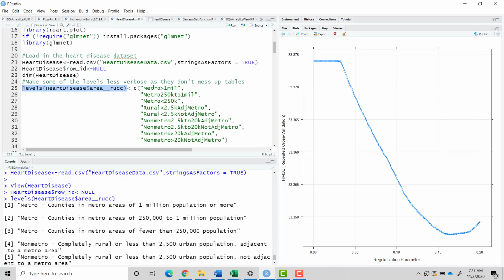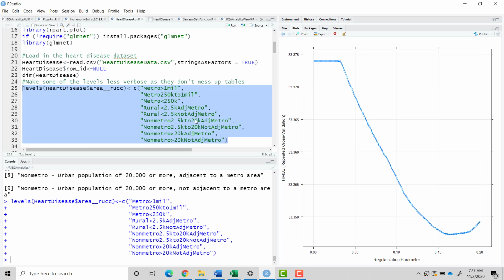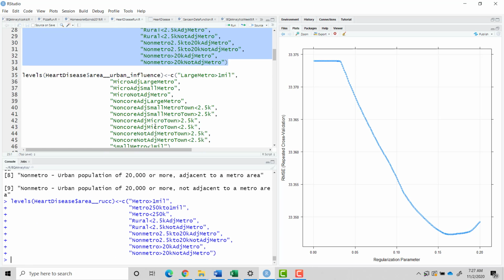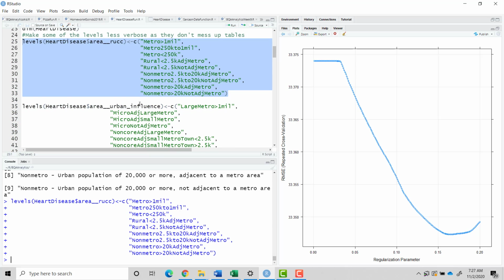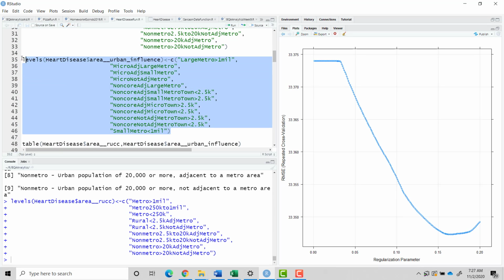So we're going to set the levels to be first, we start off with the biggest metros, then we're also going to have rural, and then we're going to have the non-metros. So we're just going to set the levels in an ordering that we like. And it doesn't really matter. This is just for cleanness, so we have all the metros together and all the non-metros together. And again, we're going to do something similar with the heart disease.